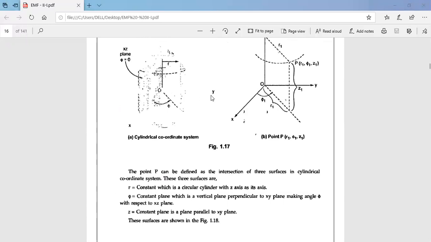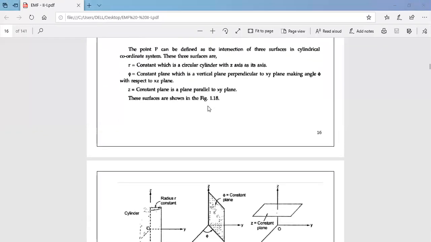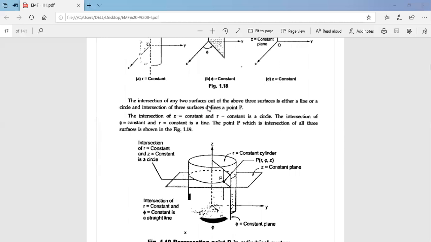Remember, we said the volume in the rectangular coordinate system is x times y times z, right? Yes, sir. Okay. What's the volume in the cylindrical coordinate system?